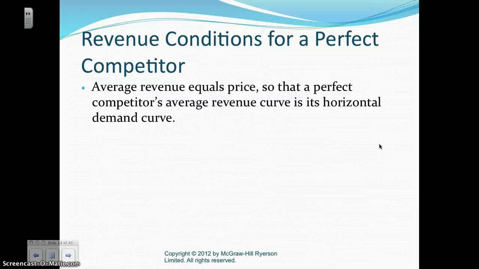So a perfect competitor's average revenue curve is its horizontal demand curve. Average revenue equals price. Average revenue is total revenue over quantity of output, total revenue divided by quantity of output. Another way of saying it, average revenue is a business's total revenue per unit of output.